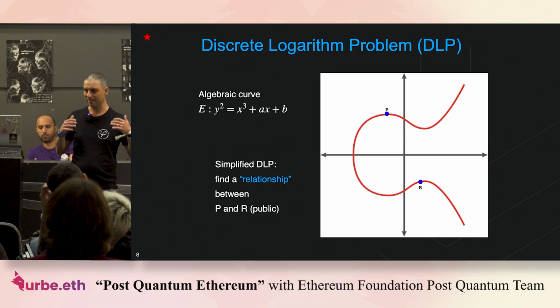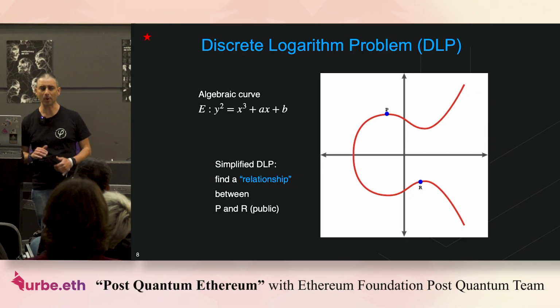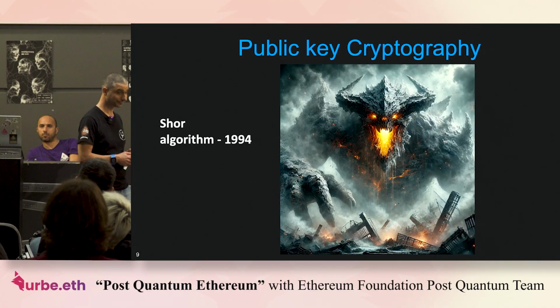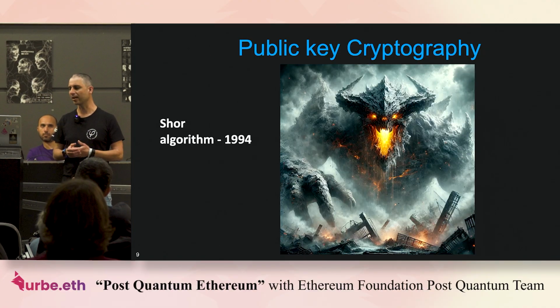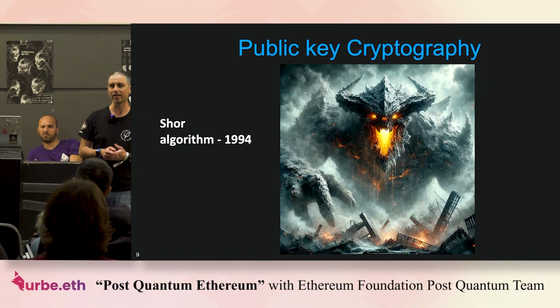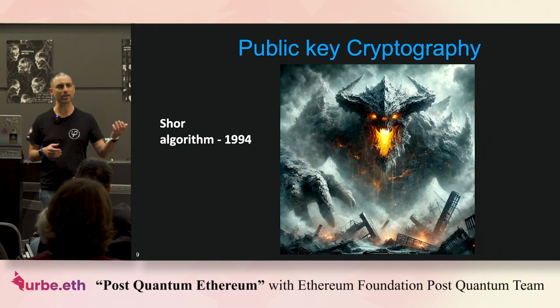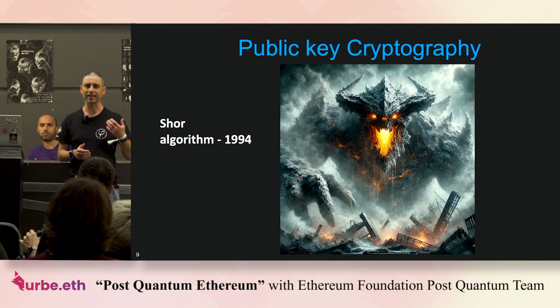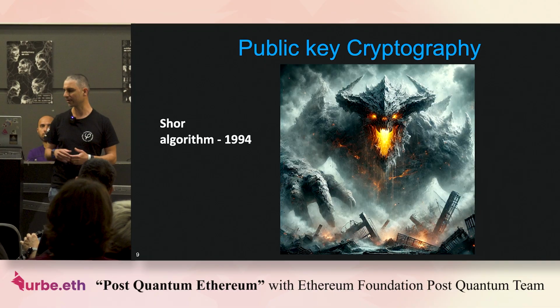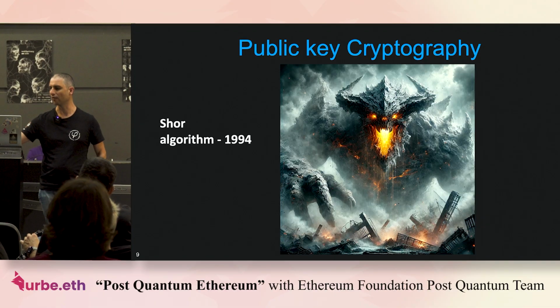All good, but we have a problem. This problem is called quantum computers. Quantum computers are going to break all these nice goodies that we have, so we need new toys, and we need new mathematical problems that are resistant to quantum computers and that allow us to still do the cryptography that we love.